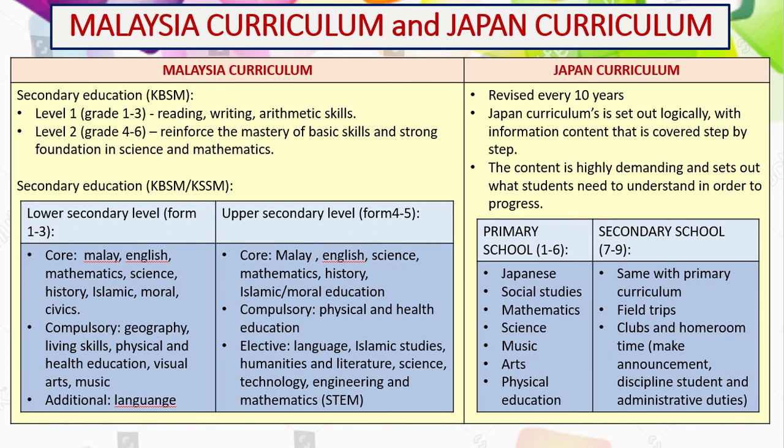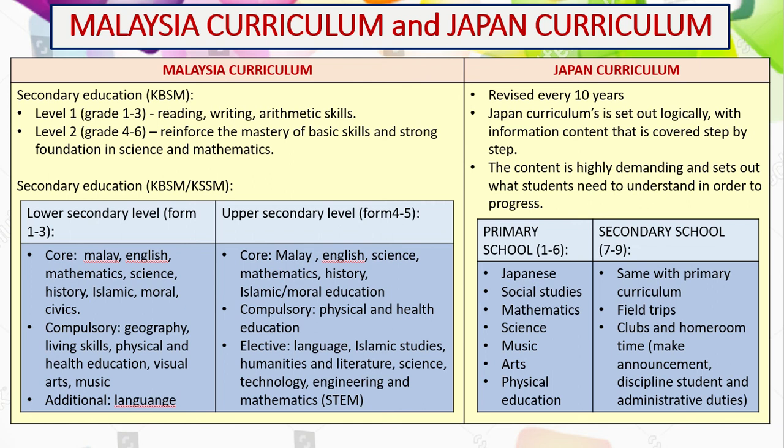The core subjects are Bahasa Malaysia, which means Malay subject, English, science, mathematics, history, Islamic or moral education. The compulsory subject will be physical and health education. The electives will be language, Islamic studies, humanity and literature, science, technology, engineering and mathematics.